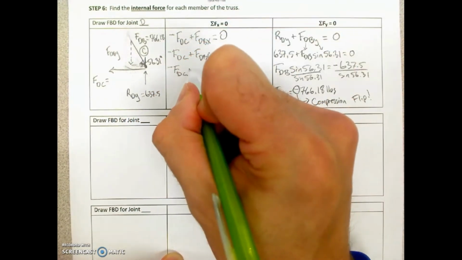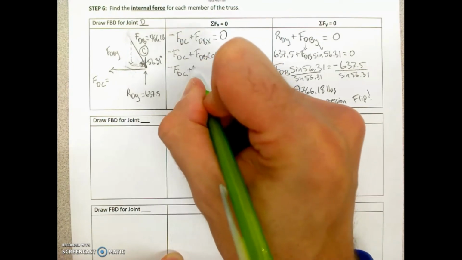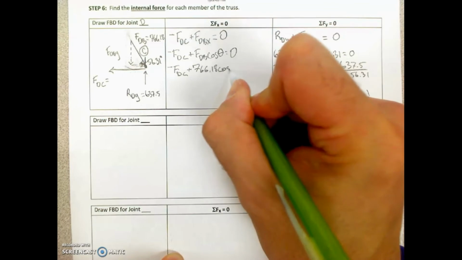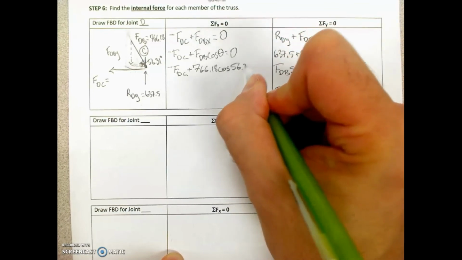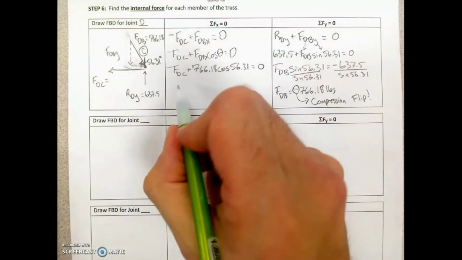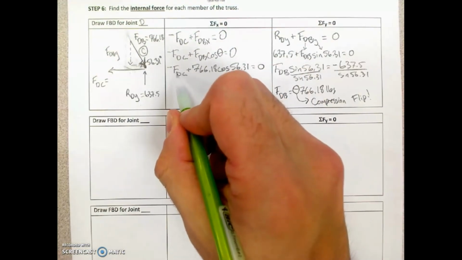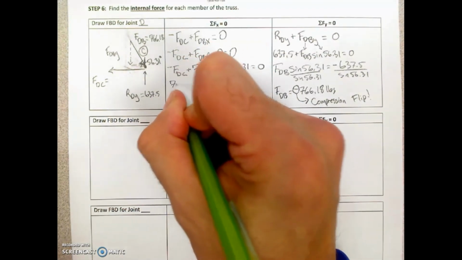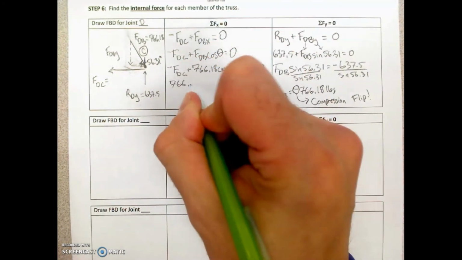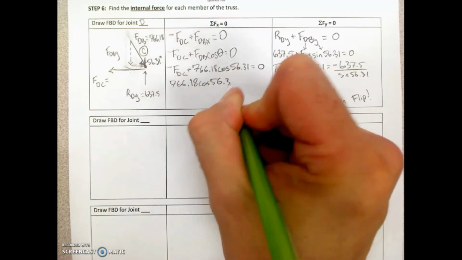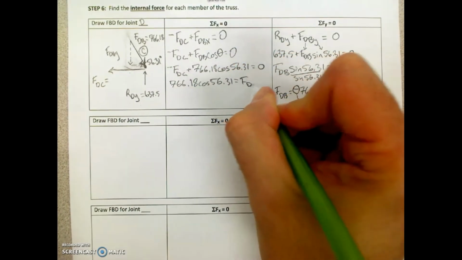Negative FDC plus, I figured out FDB was 766.18, times cosine theta, 56.31, equals 0. And I'm actually going to add FDC to the other side, just to make things nice and positive. So if I add FDC to both sides, I get something that looks like this.